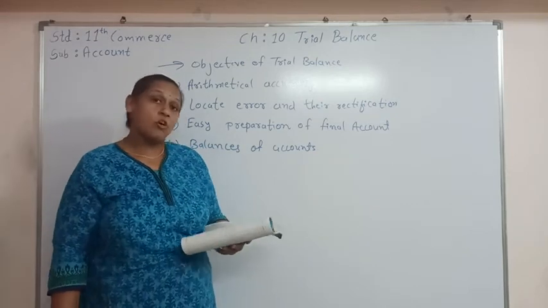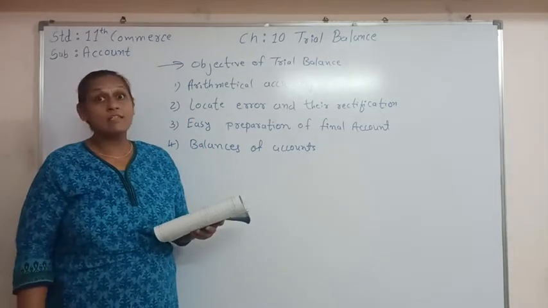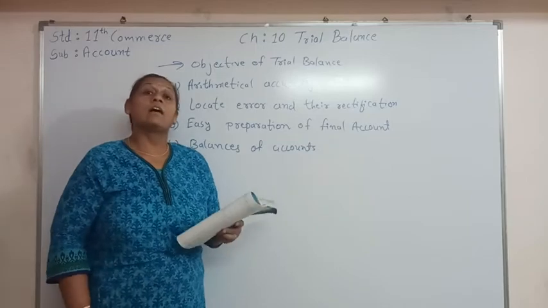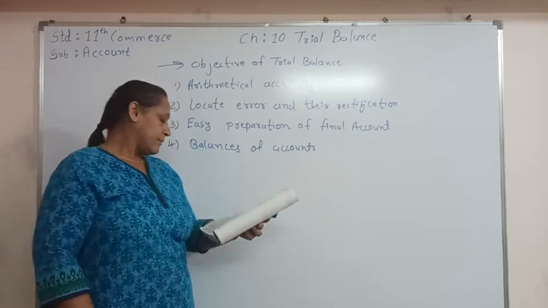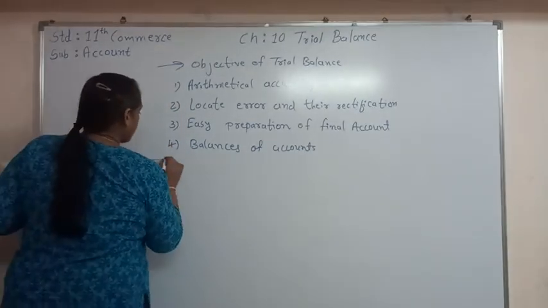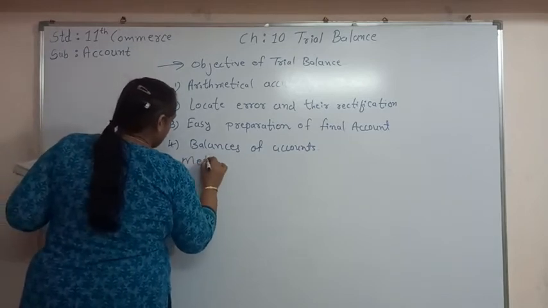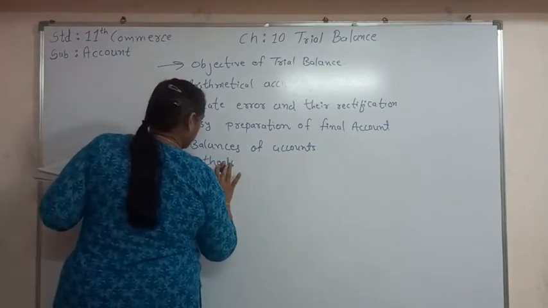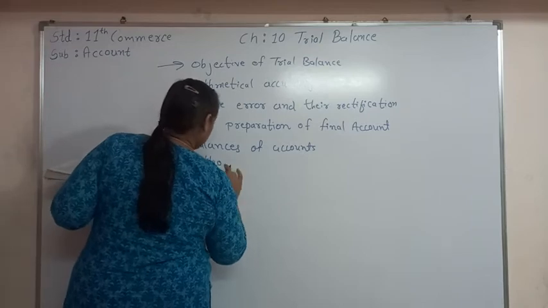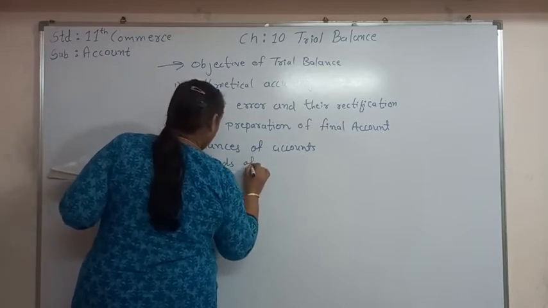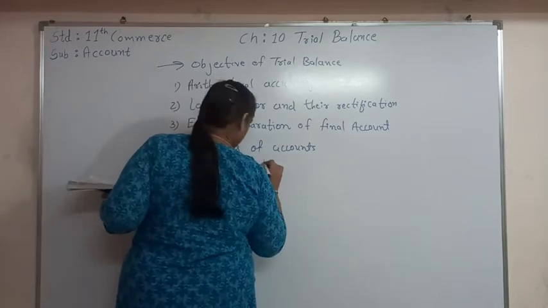So these are the objectives of preparing the trial balance, and now let's see the methods of preparing the trial balance. So our next point is methods of preparation of trial balance.